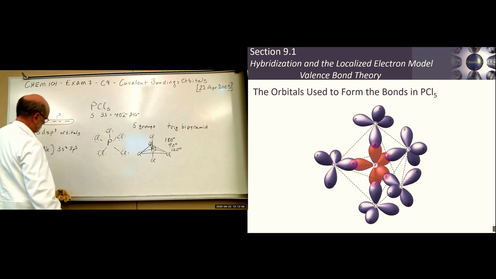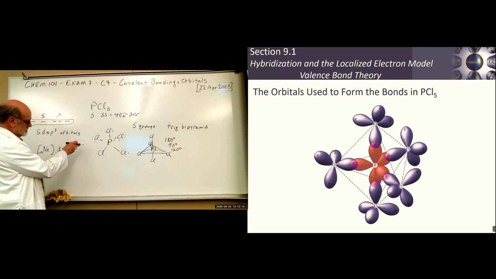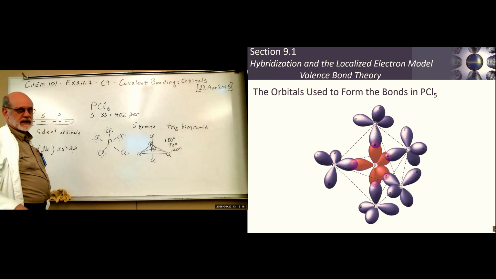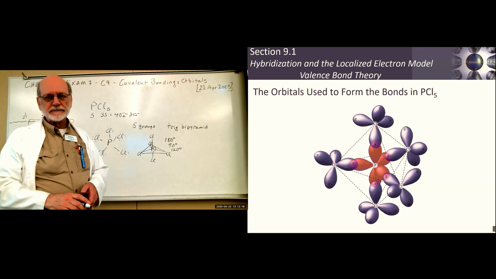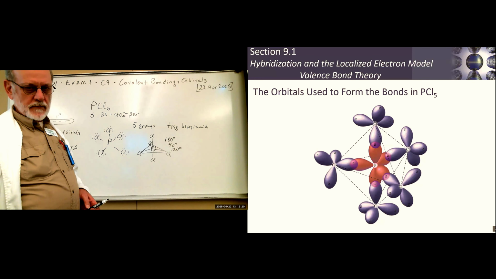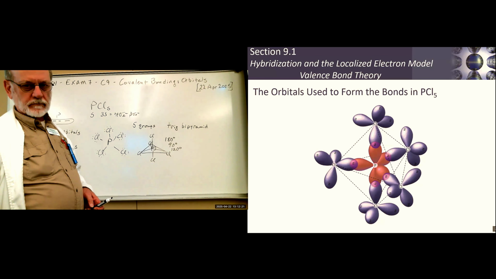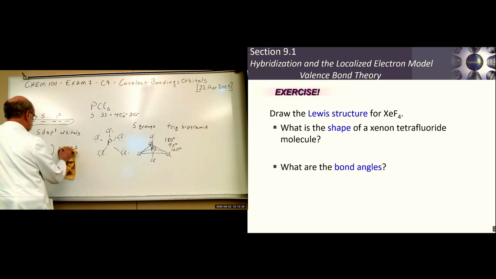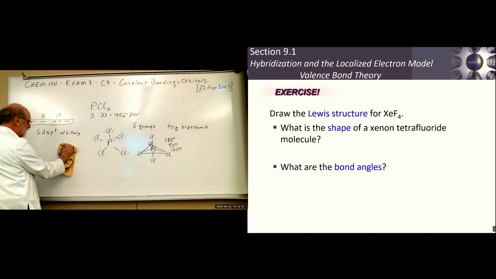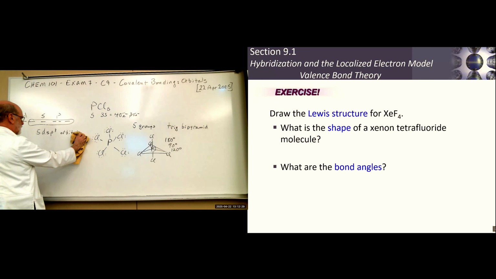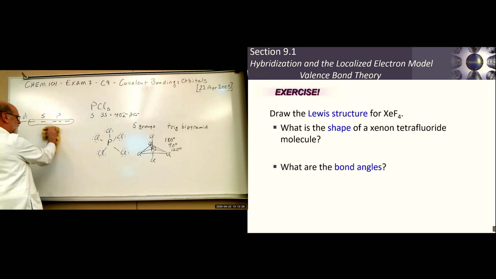Yeah, 17. So what we're looking at here is we could use these p orbitals to overlap. We wouldn't have to hybridize chlorine. Okay. So that's what happens when you need 5 hybrid orbitals. You have to dip into the d's.